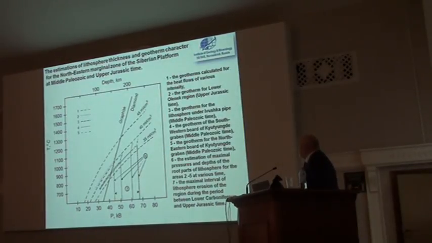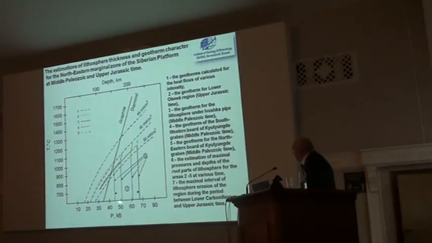Okay, using the nickel-chromium thermobarometer, they have calculated thickness and heat flow for different areas of the Siberian platform. The main point is that for mid-Paleozoic time, they have a pretty thick and cold lithosphere. Heat flow was around 36-37 milliwatts per square meter, and thickness of lithosphere was about 230 to 240 kilometers.